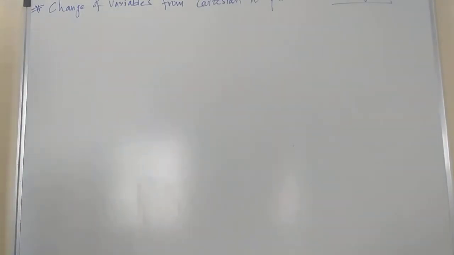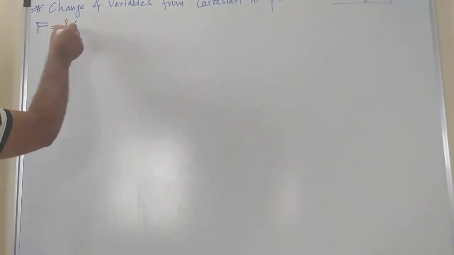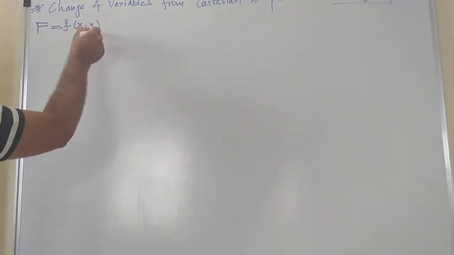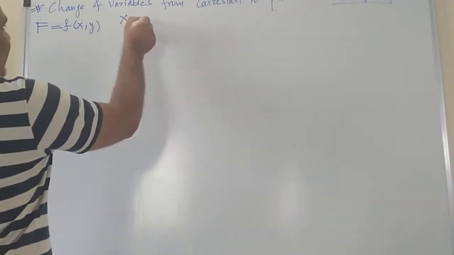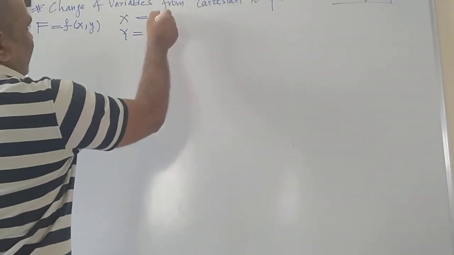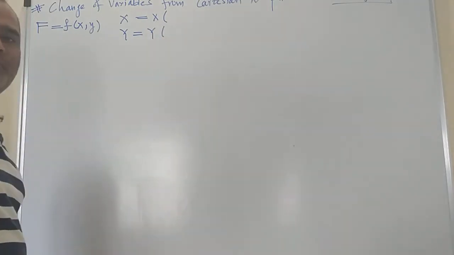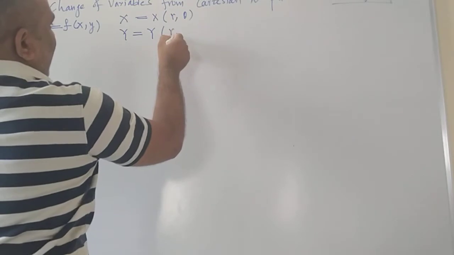And in order to discuss this topic, let us consider the function f. And f is a function of two independent variables, that is x and y. And this x variable and y variable is represented in terms of polar coordinate system r and theta.